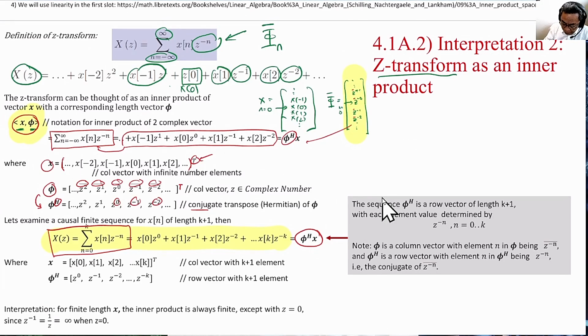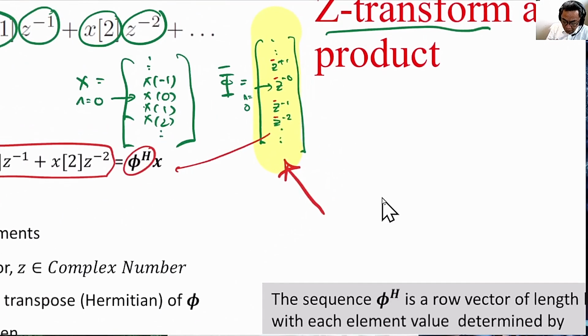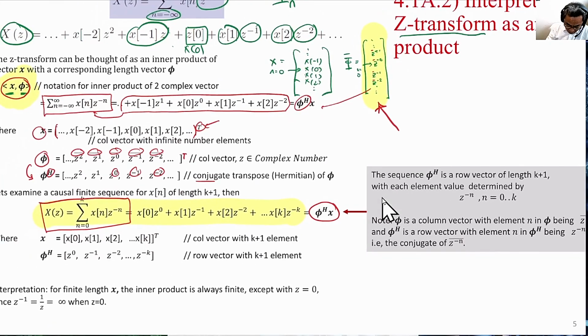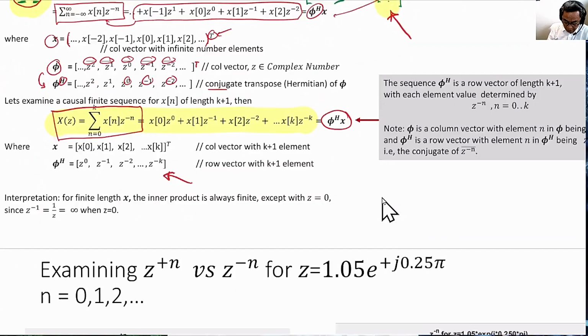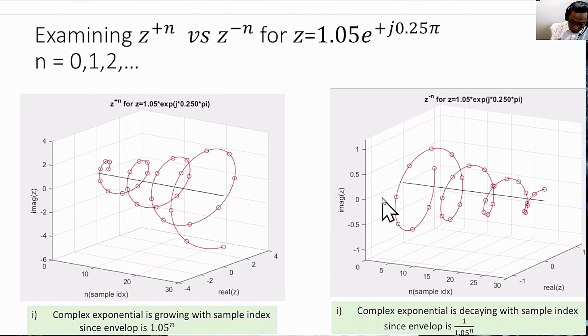So you may now be wondering, what does this phi look like? Or what does this phi Hermitian look like? Let us now plot z to the power of n and z to the power of minus n for n equals 0, 1, 2, 3, and so on.